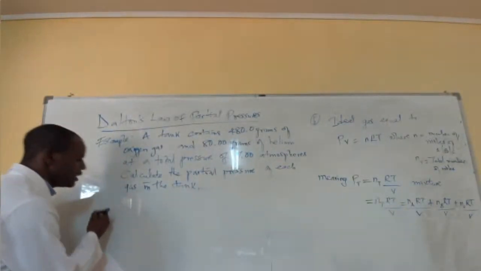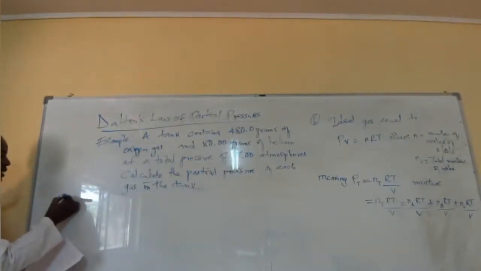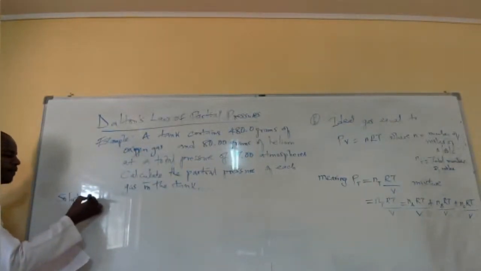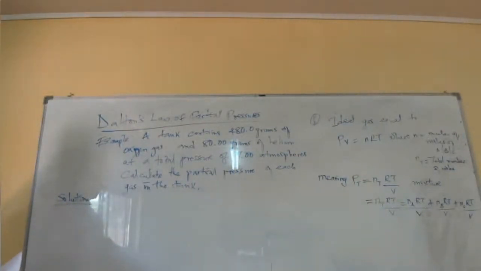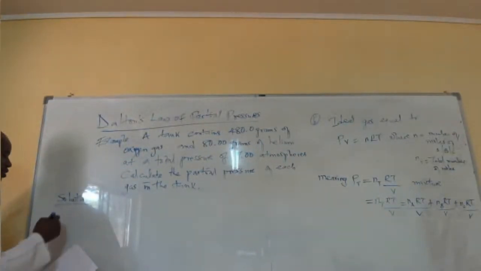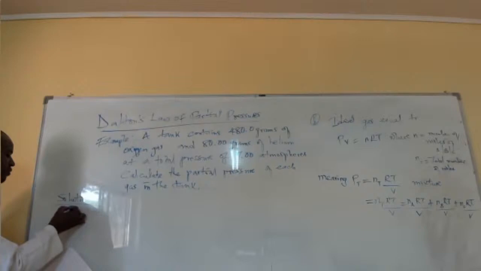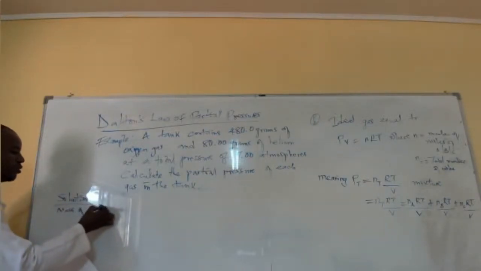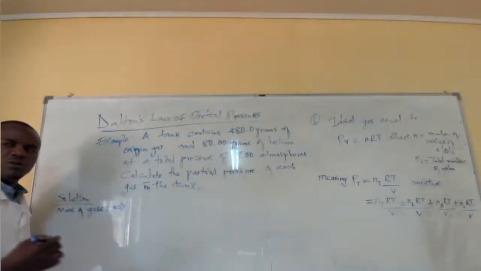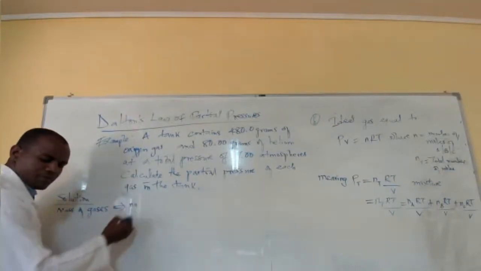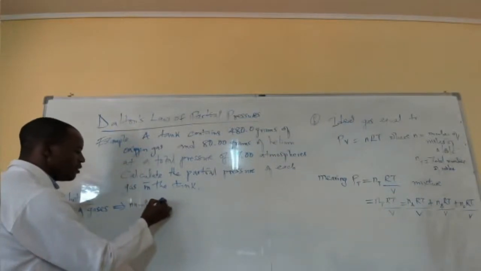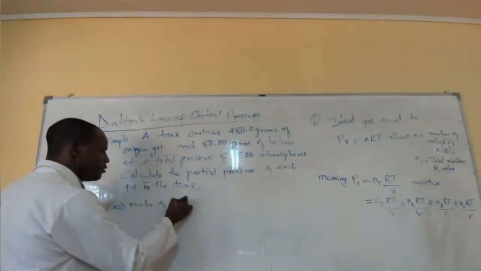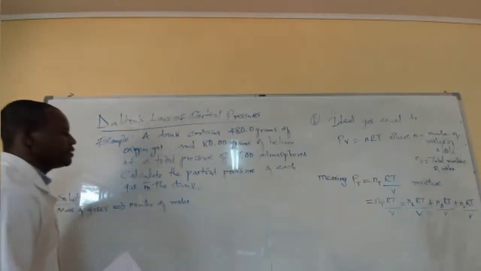So the solution here is to first of all understand what is given and then work around to get what is not given. Here what we are given is the mass of the gases. From the mass of the gases we can get the number of moles of the gases.